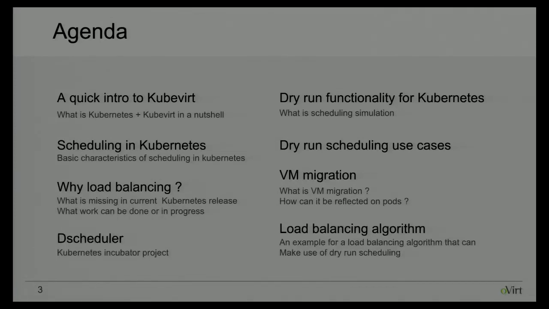After understanding the need, we'll see some of the projects already out there and concepts in Kubernetes, and also we will focus on one major project in Kubernetes incubator called the scheduler for load balancing. After that, we'll see what else might be done around that area with an emphasis on scheduling simulation. And finally, all of that will come down to load balancing virtual machines in our kube world with a load balancing experimental algorithm. We'll have an example at the end.